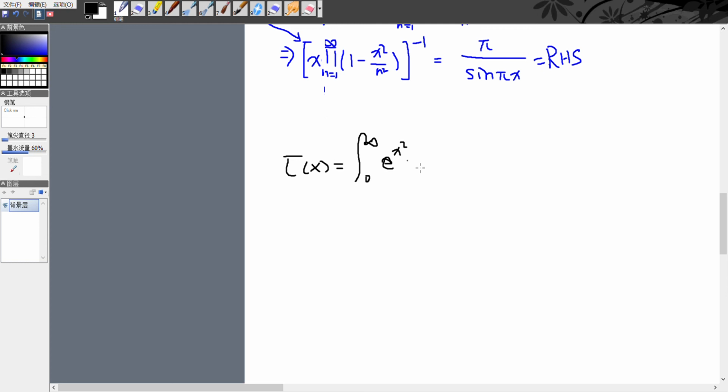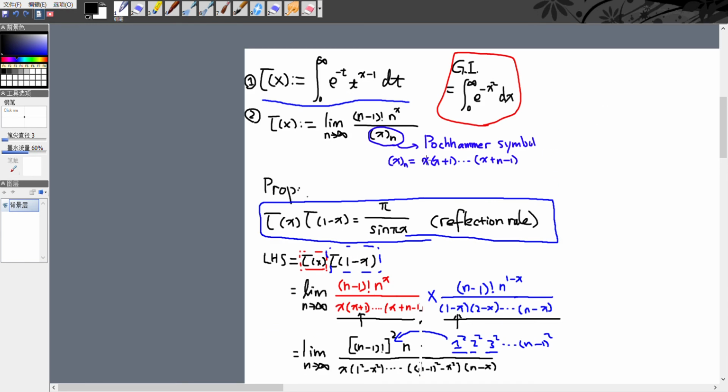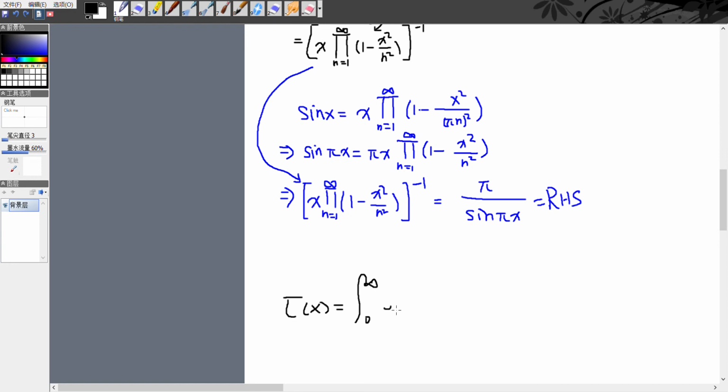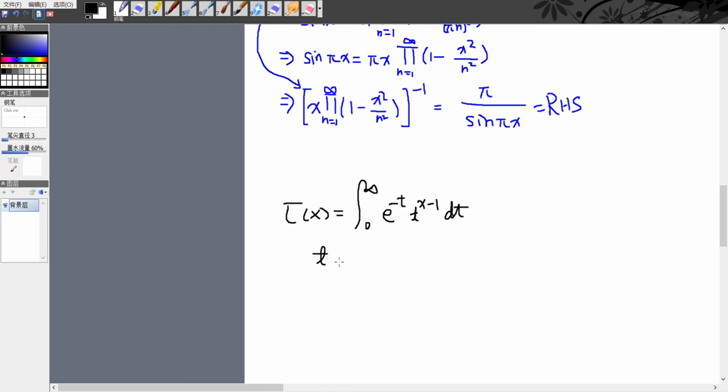e to the negative t times t to the x minus 1 dt. So now we substitute t equals z squared.